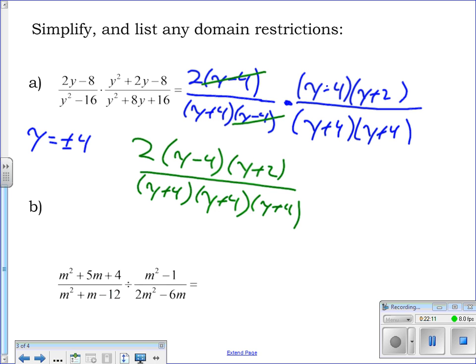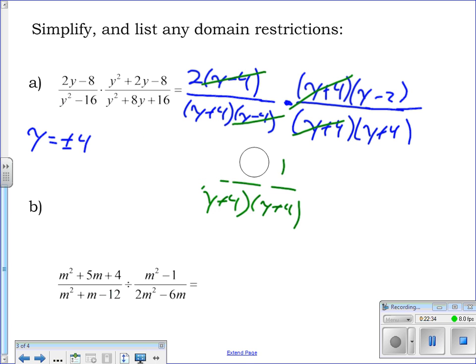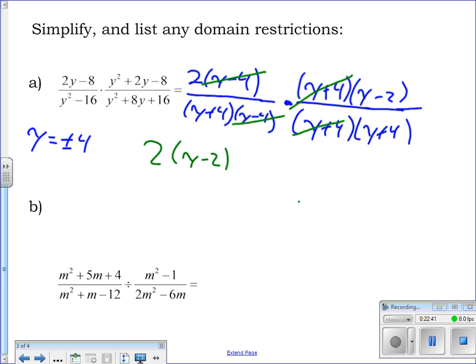So yes, her point is this should be plus 4 and this should be a minus 2, which means that if I back up here, those cancel out, which means this would be gone because I don't have the y minus 4, and that will be gone. So I end up with, in my final answer, 2 times y minus 2 over y plus 4 times y plus 4.